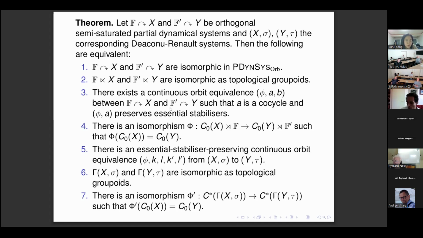Because in our first step we want to study continuous orbit equivalence in the context of a Boolean dynamical system. Given a Boolean dynamical system, we can construct a partial cross product from it, and at that time we use a free group. But you're not really using this free group, are you?